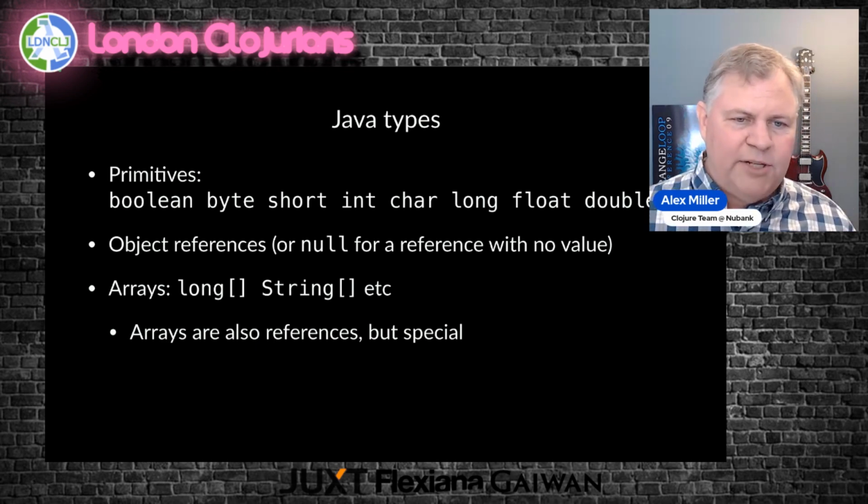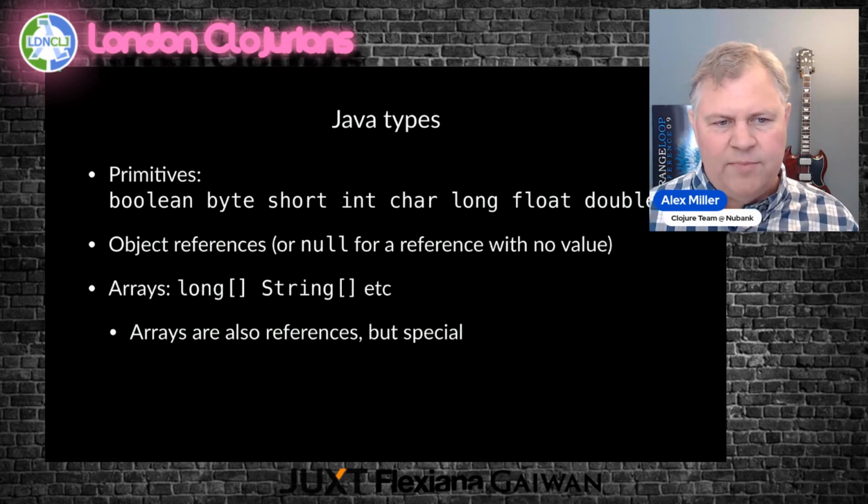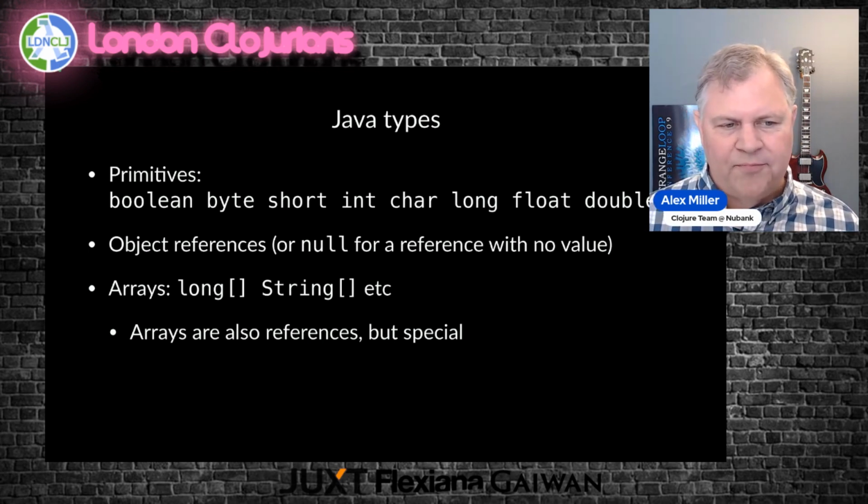You can also have objects, object references. That object reference might be missing, and if it is, then it's null, the not-here marker, and we call that nil in Clojure, but it's the identical thing. And then we have arrays, which are kind of a weird thing.